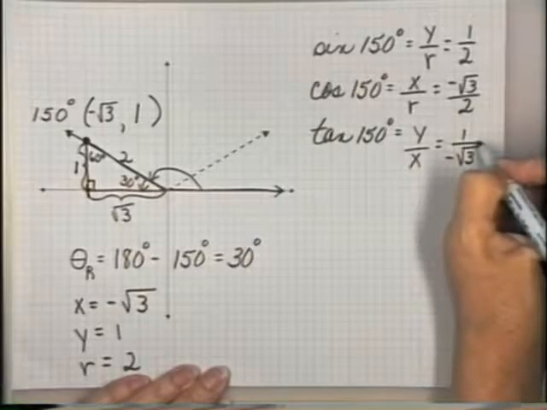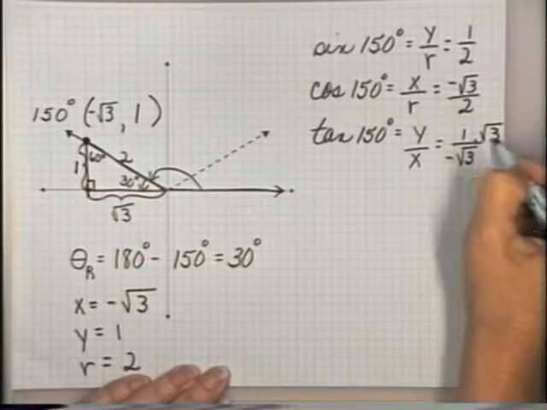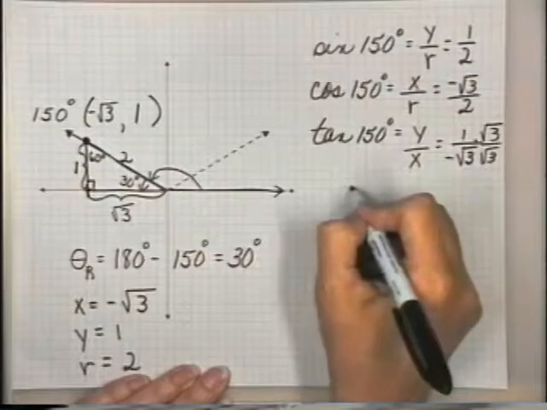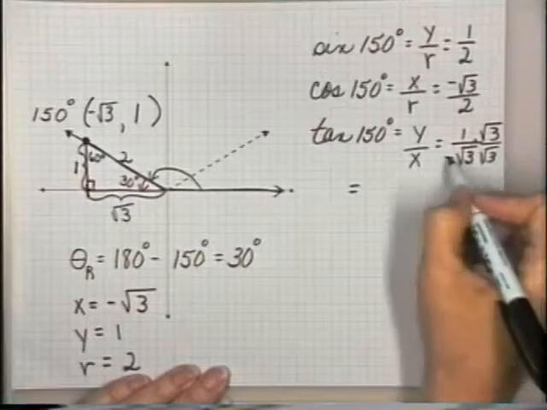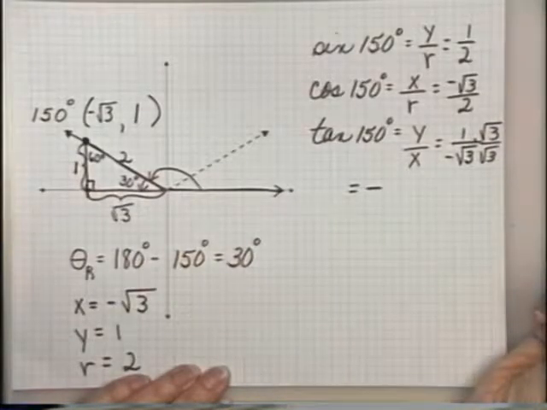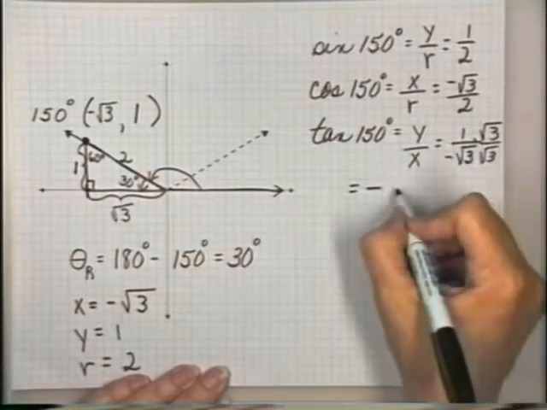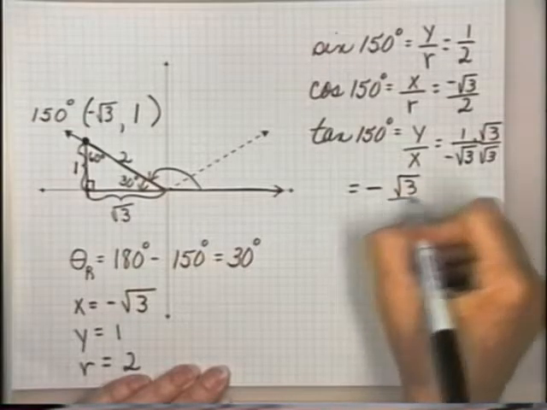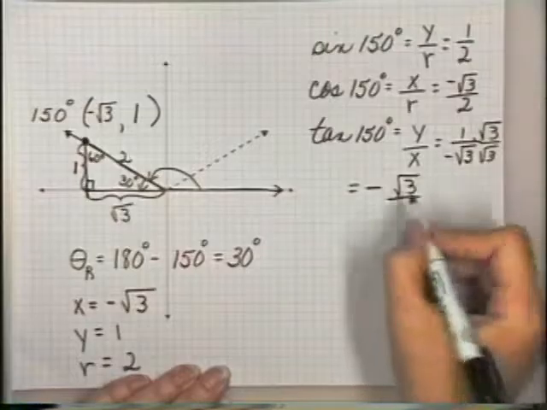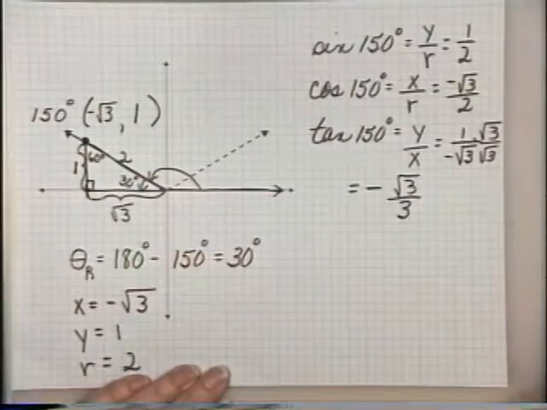When we rationalize, we multiply by the square root of 3 over the square root of 3, and we'll get this tangent to equal, now this time I'm going to say positive divided by negative, put the negative out in front. In the numerator, I'll have the square root of 3. In the denominator, square root of 3 times the square root of 3 is 3.